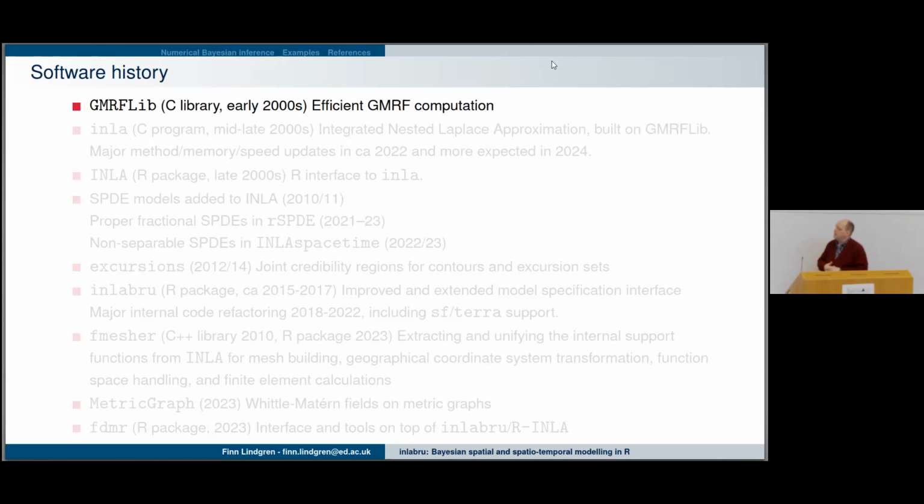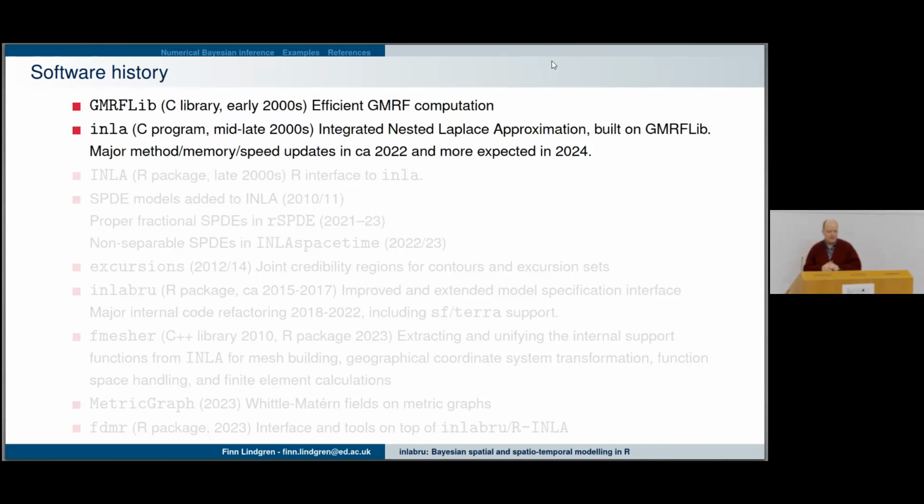So they made a library called GMRFLib that can do the Gaussian Markov random field calculations quickly. Then they developed INLA, which is this integrated nested Laplace approximation method, which I'll talk more about, which uses this GMRFLib library internally, and that's still being developed now.